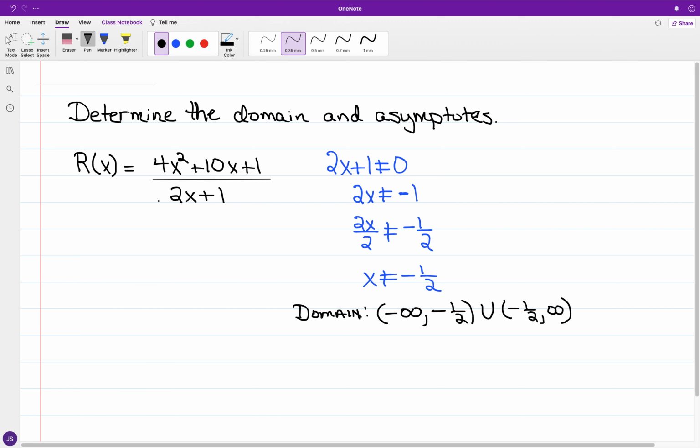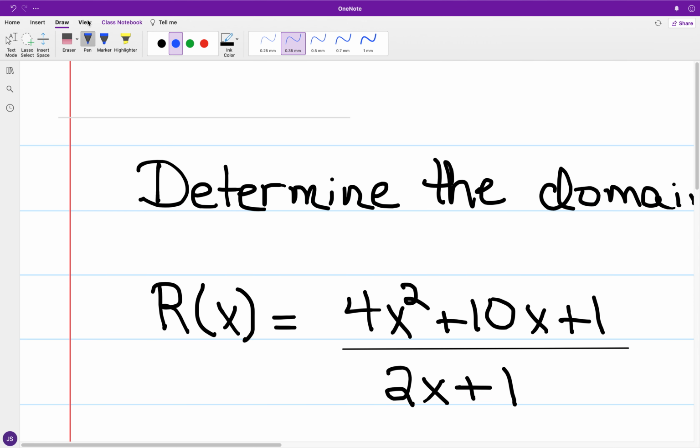And for r of x, this expression is already in simplified form, meaning that you're not going to have the denominator factor cancel. So this signals that 2x plus 1 remains.